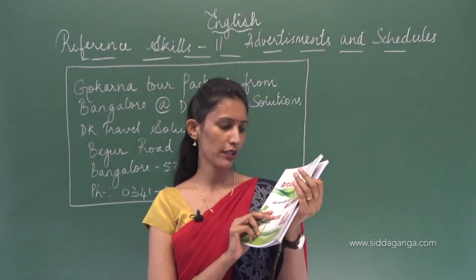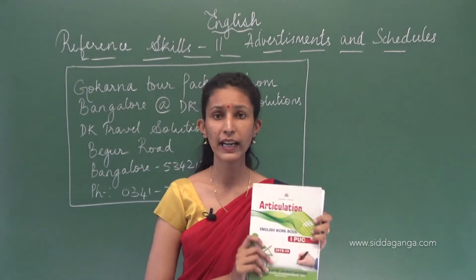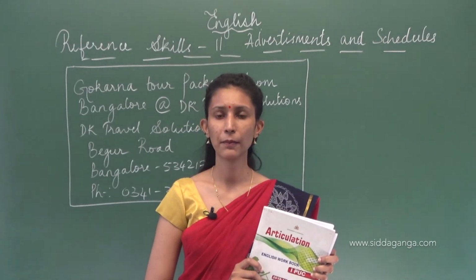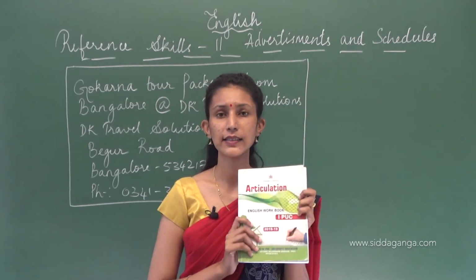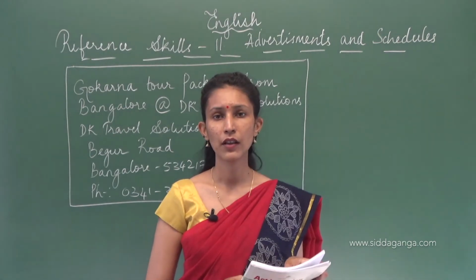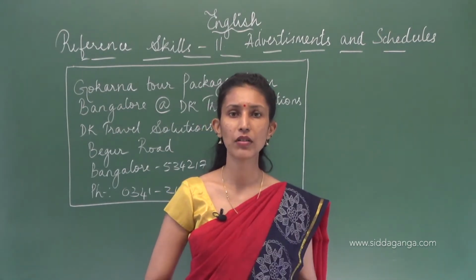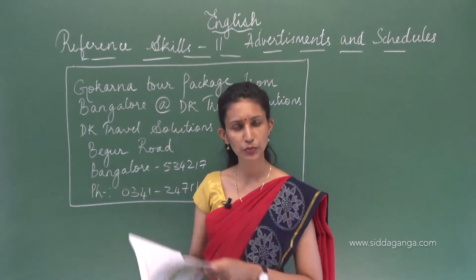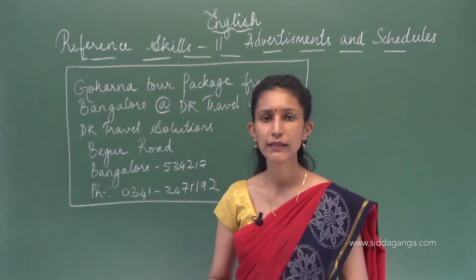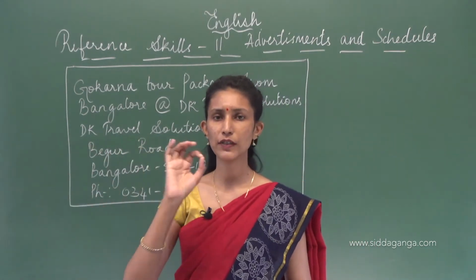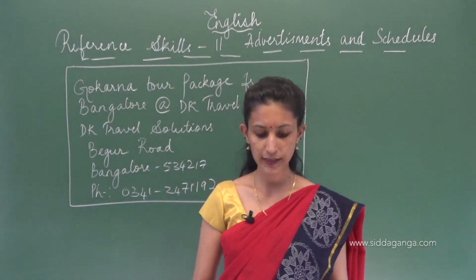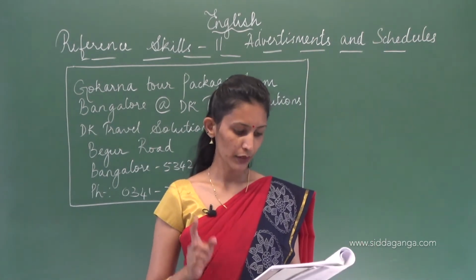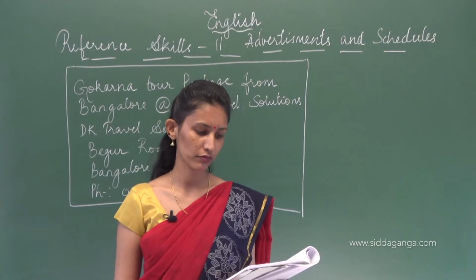If you have not known till now, in case you don't have the workbook, what I suggest you do is go to the pre-university board and download the PDF of it. You will get a workbook PDF or the textbook PDF also if you want. Go and see the first PUC English workbook and first PUC English textbook, in case you have not done so.